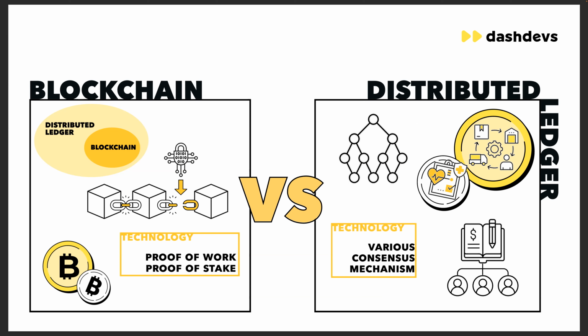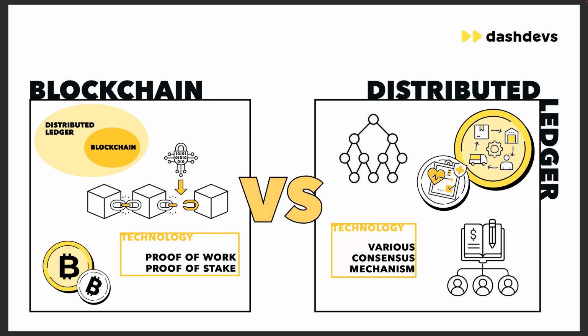Regarding distributed ledger, the difference is that a distributed ledger is not a specific implementation, but a technology itself, a concept which includes different implementations. It refers to a decentralized system where multiple participants maintain copies of the ledger and work together to achieve consensus. So we have several nodes in the system which work together and talk to each other to understand the real state of things.